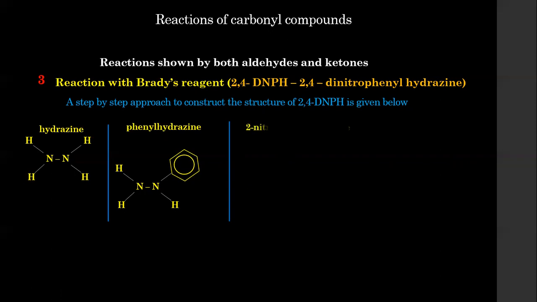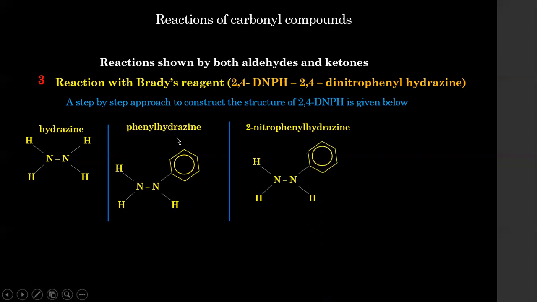I go one step ahead now. Now I'm going to construct 2-nitrophenyl hydrazine. First I take hydrazine. And as earlier, I will attach the phenyl group to this. There is the phenyl group. And in this phenyl group, I said there are 6 carbon atoms.